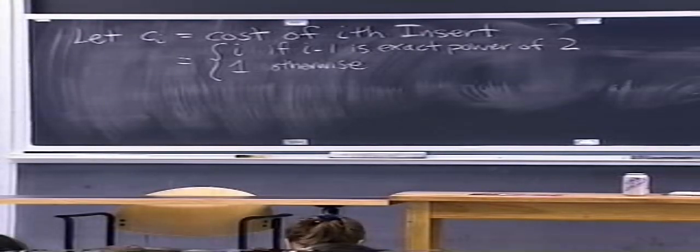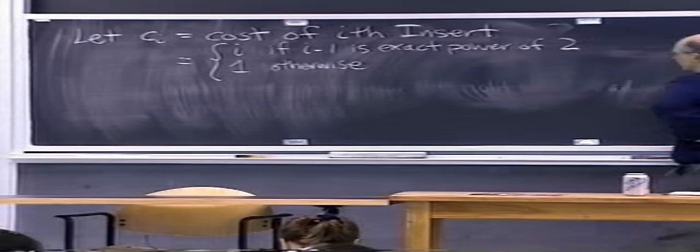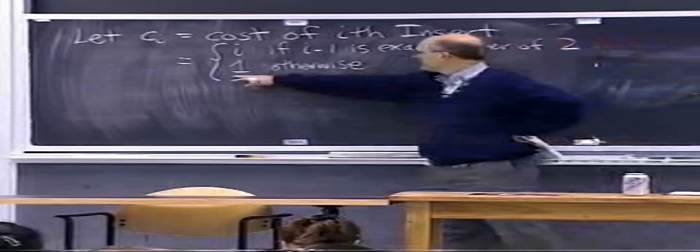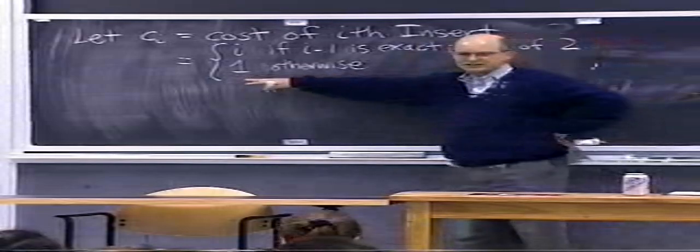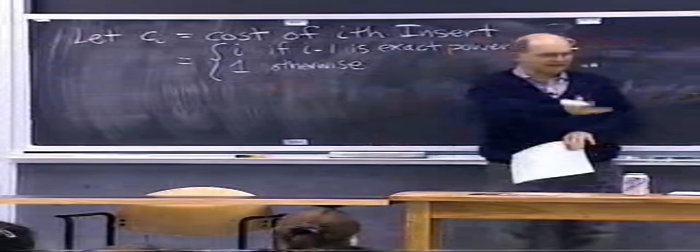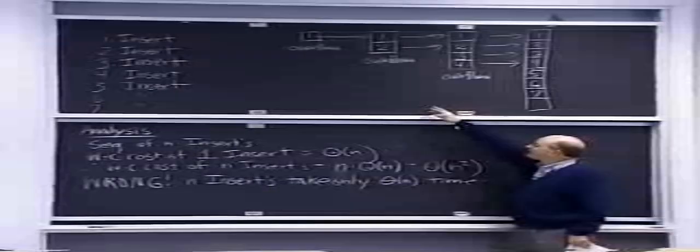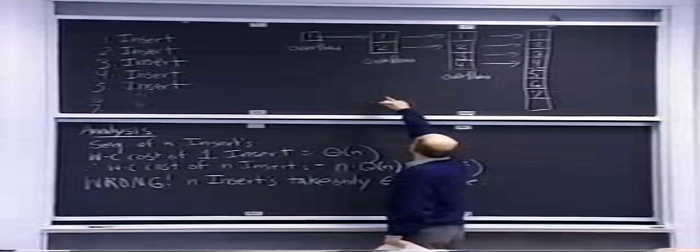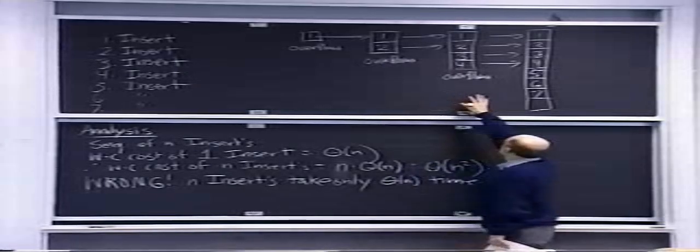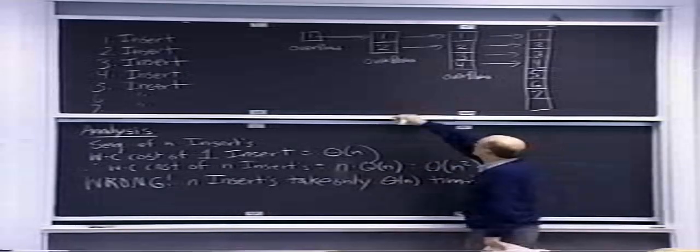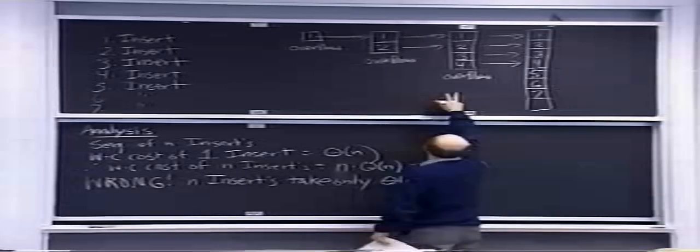So let's see if that's in fact the case. Certainly 1 most of the time, I just do a constant amount of work stuffing it into the table. And then occasionally I double it. Every time I double it, I'm at a power of 2 plus 1. So I doubled at 2, doubled at 3, doubled at 5.